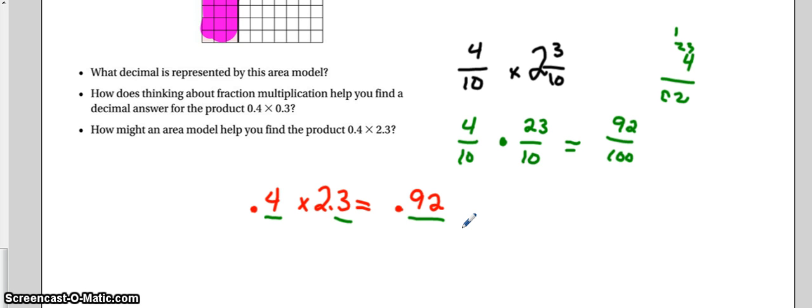That's how we can double check to make sure that we did our problem correctly. That should be a 0.92. We need to make sure that we have the same number of decimal places in our product as we do in our two factors over here in our problem.